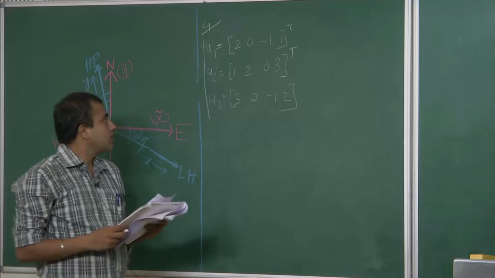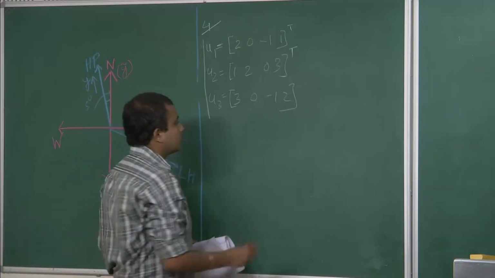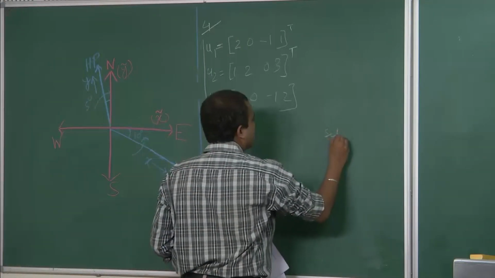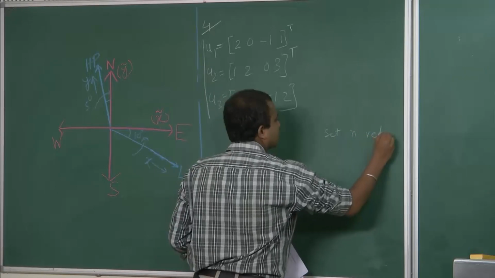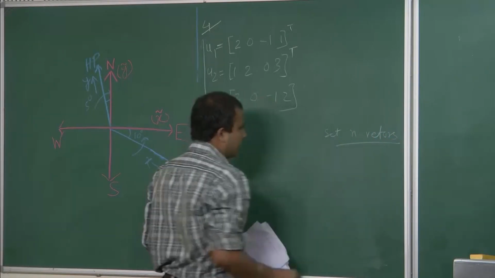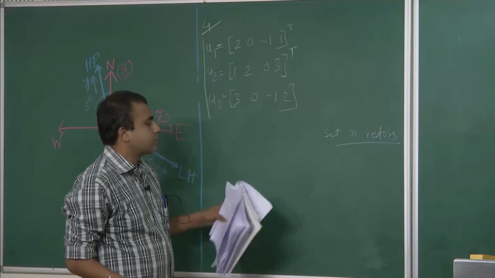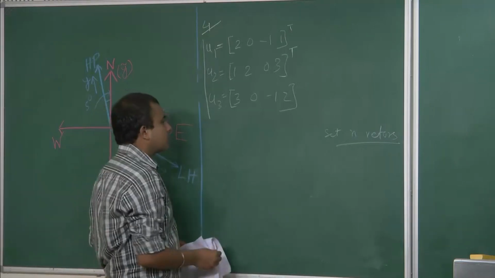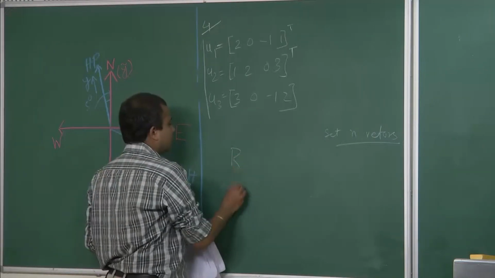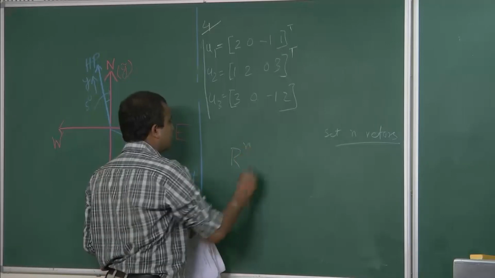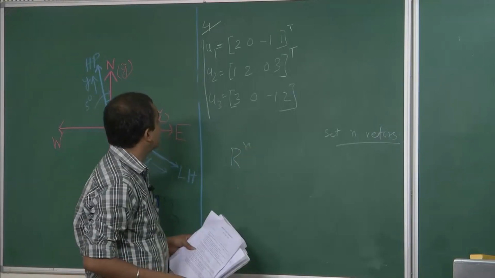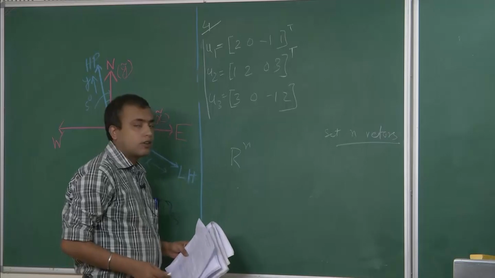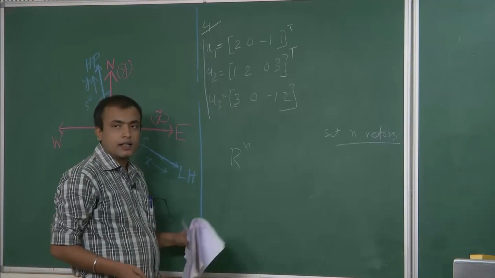Given a set of n vectors and you are asked to do Gram-Schmidt, that means you are talking about finding the orthonormal basis of the space Rn.